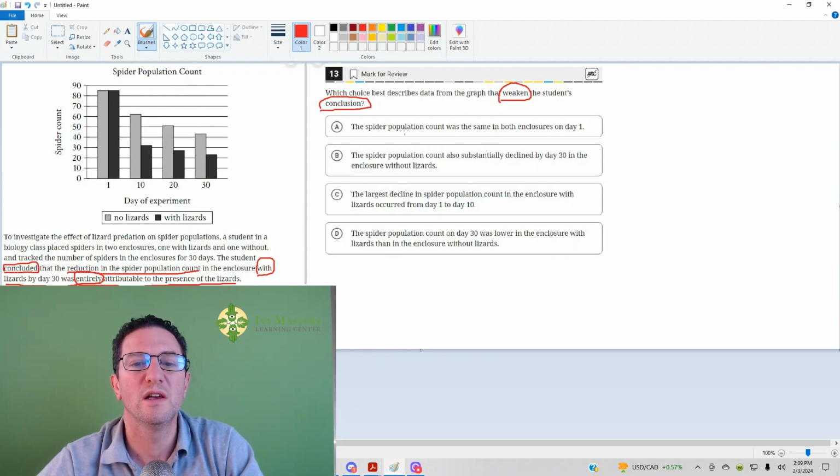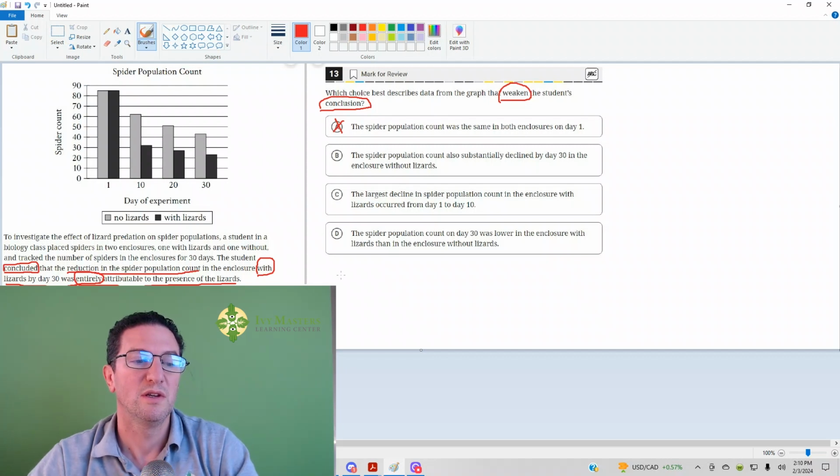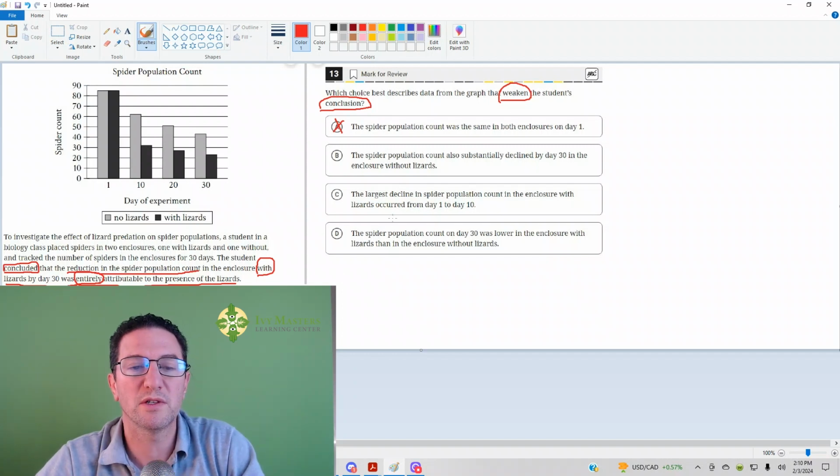Answer choice A, spider population count was the same in both enclosures on day 1. That does not weaken or support the student's conclusion. Answer choice B, spider population count also substantially declined by day 30 in the enclosure without lizards. That actually looks good.